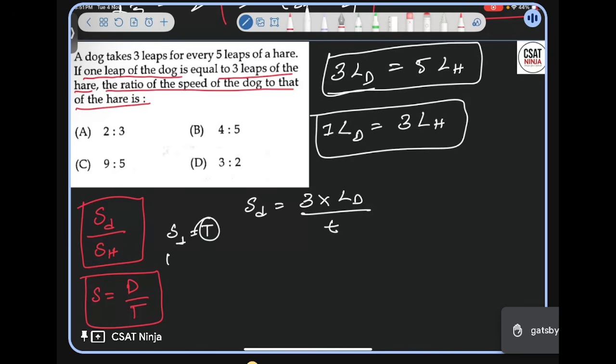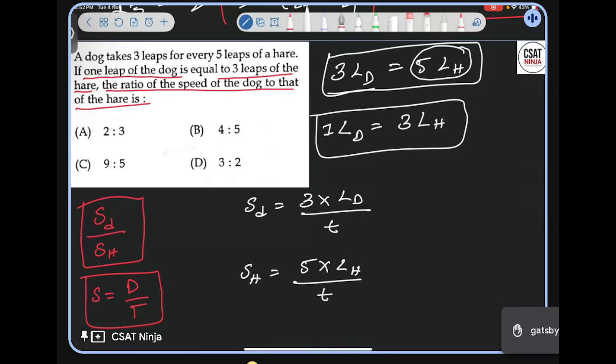The hare is also traveling for the same time. Next, the speed of the hare is the distance 5 leaps divided by the time taken, which is the same.